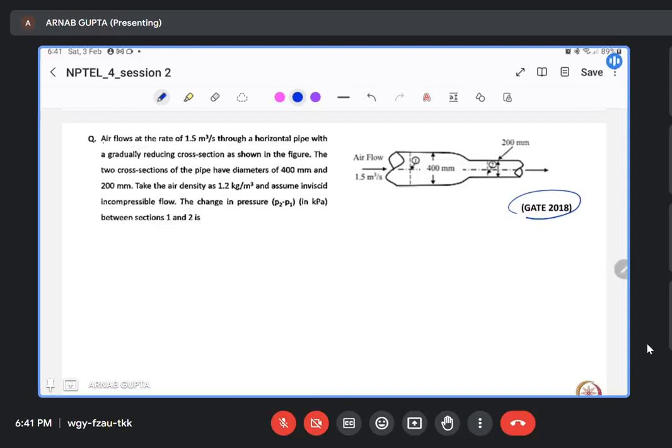Okay, so air flows at a rate of 1.5 meter cube per second through a horizontal pipe with a gradually reducing cross section as shown in the figure. The two cross sections of the pipe have diameters 400 mm and 200 mm. Take the air density as 1.2 kg per meter cube and assume an inviscid incompressible flow. The change in pressure P2 minus P1 in kilopascals.